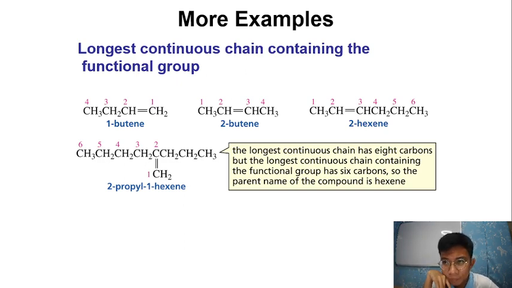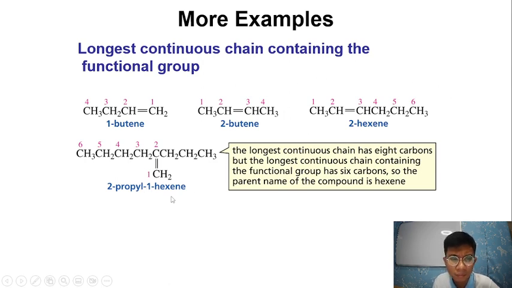Ngayon, what's the name of the structure like this with a double bond between 1 and 2? So yung rule dito ay gamitin mo yung lower number. So the double bond is between 1 and 2, then you use 1. So that's why the name is 1-butene. Okay? So ganun din yung mga example dito sa iba.